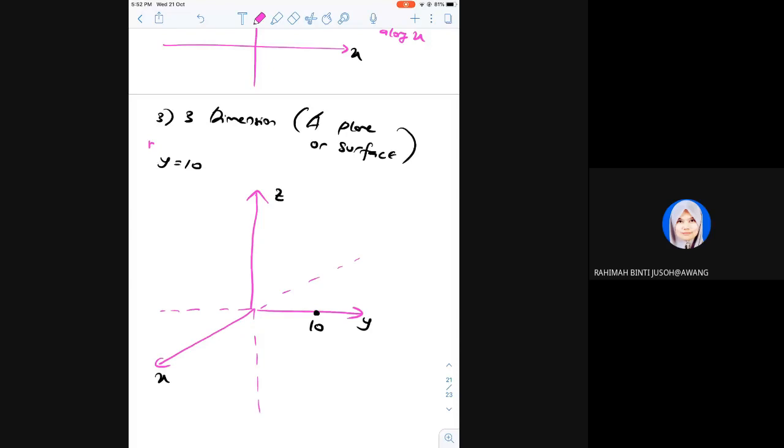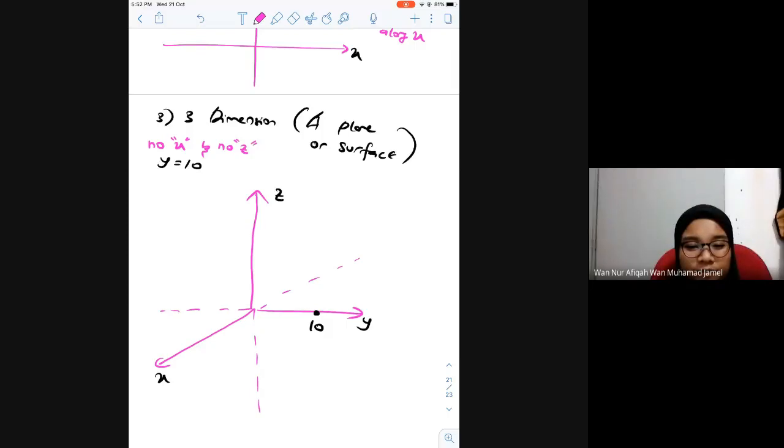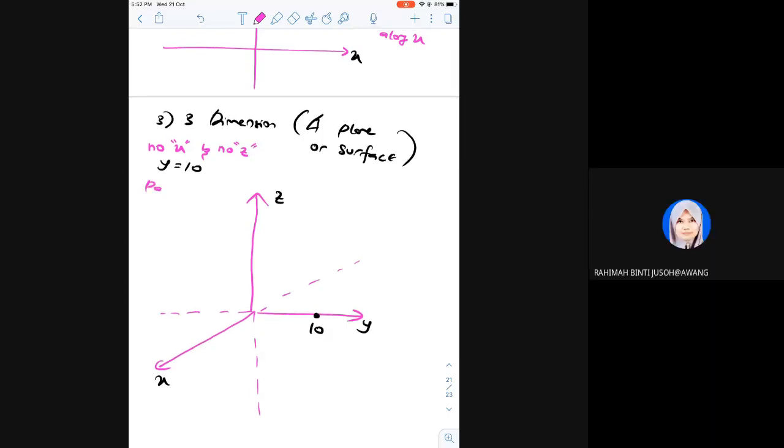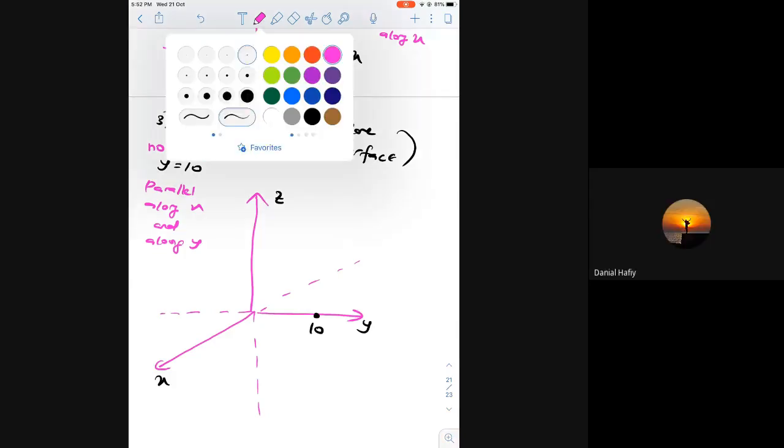Alright, now, Y equals to 10, apa yang tak ada? No X and no Z. Yes, so bila tak ada X dengan Z, bermaksud garisan ni dia mesti parallel along X and parallel along Z. Okay, so cara dia ialah saya pakai marker pen biru ni.